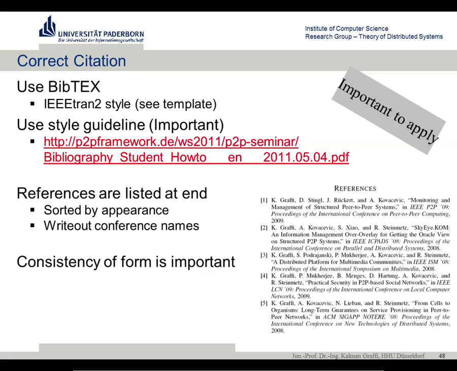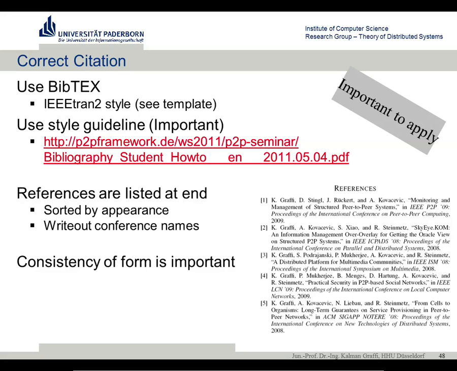Okay, on correct citation, there's this, I think it's still there. Otherwise, now I will give a new link to the bibliography, so how it should look. The important thing is to apply it. If you have references in your paper, consistency is very important. It should always be the same pattern.